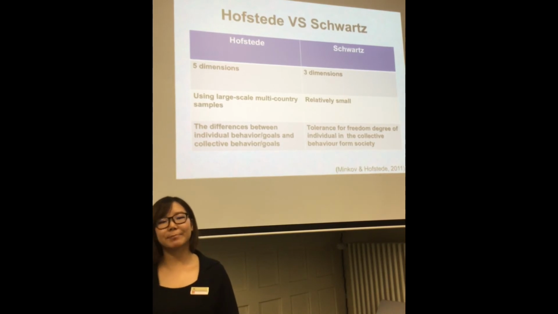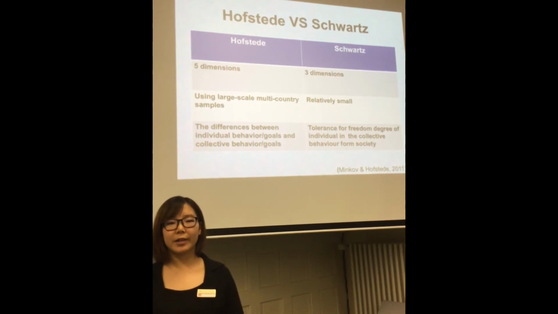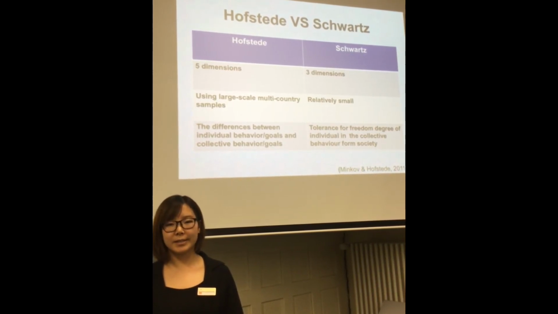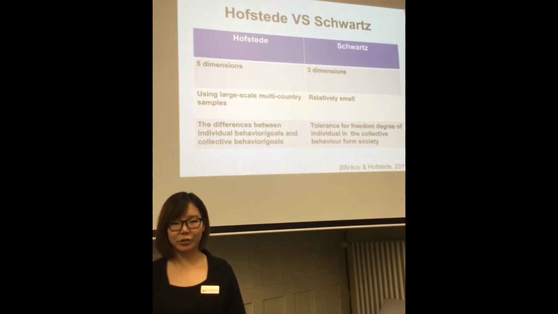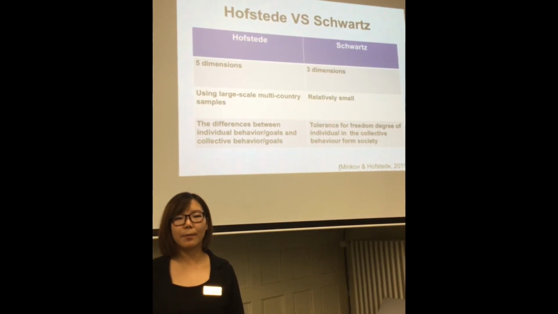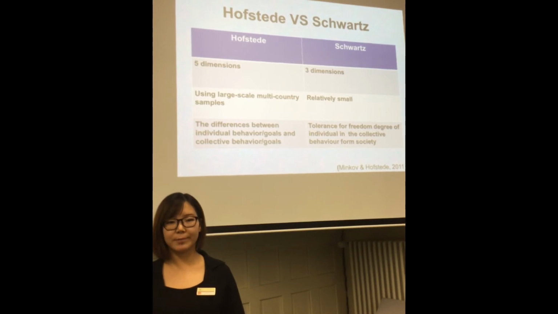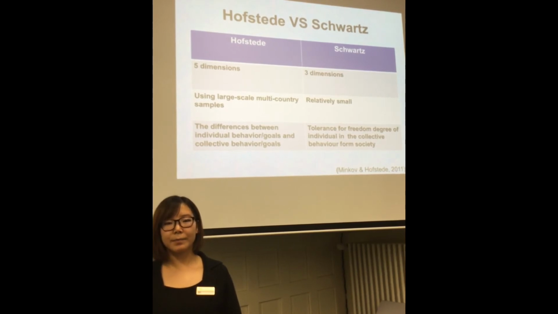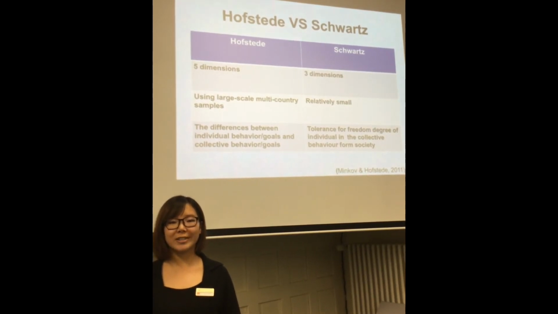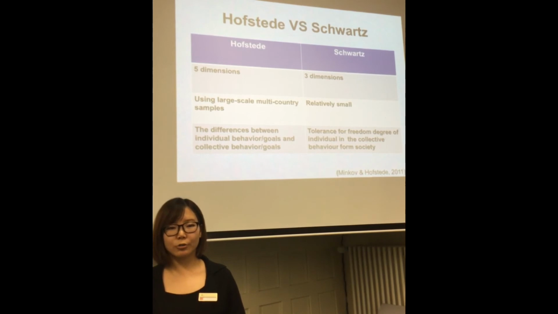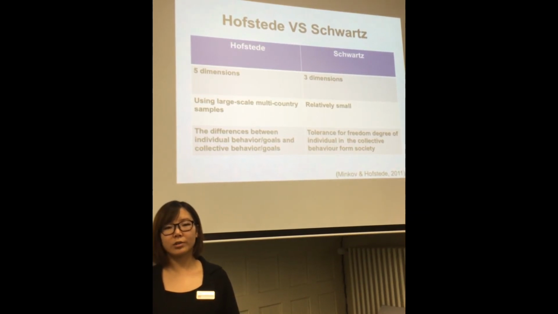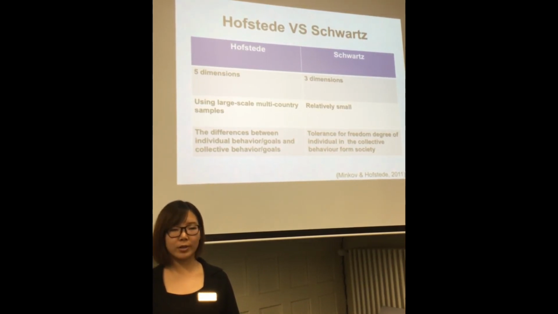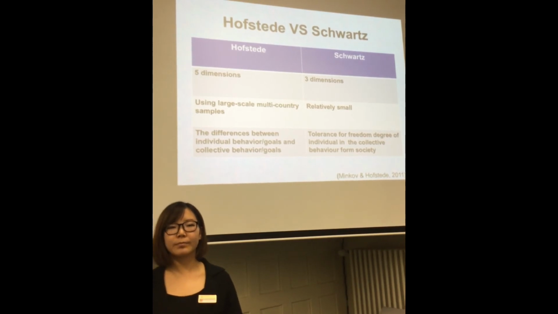About the differences, Hofstede classified cultures on the basis of 5 main factors, and the Schwartz values are based on 3 dimensions. The Hofstede model empirically examined its framework using large-scale multi-country samples, but Schwartz has relatively small samples.